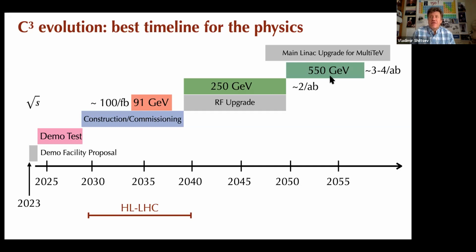Can it be augmented with this demonstration facility or C-cubed facility to push the energy further up by a substantial factor? Is it fiction or feasible? The last slide of this presentation will show a couple of C-cubed LINACs boosting the energy of LCLS.